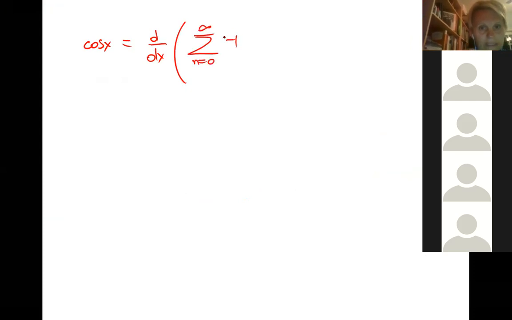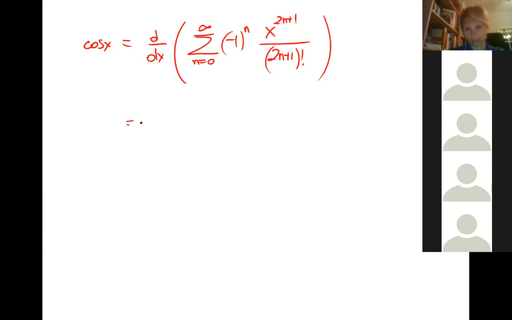Cosine of x is just the derivative of the sum of -1 to the n, x to the 2n plus 1 over 2n plus 1 factorial. Let's differentiate.